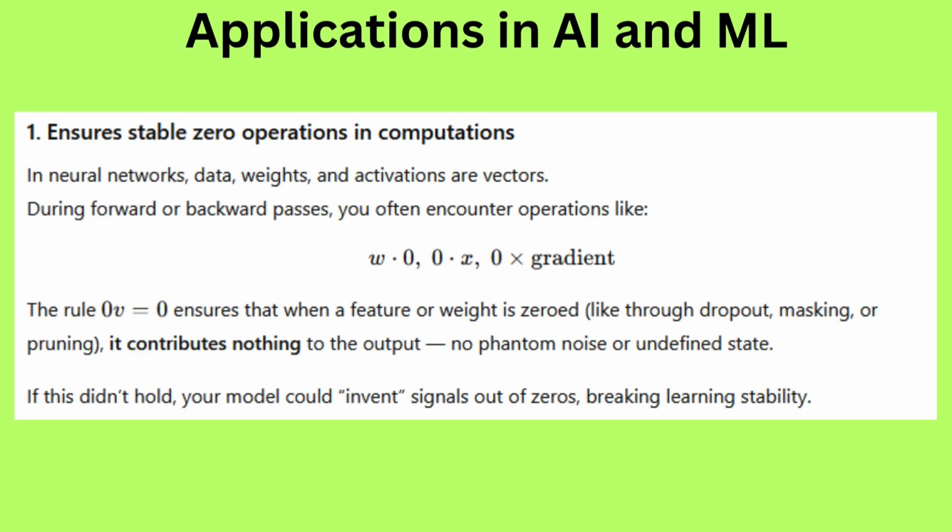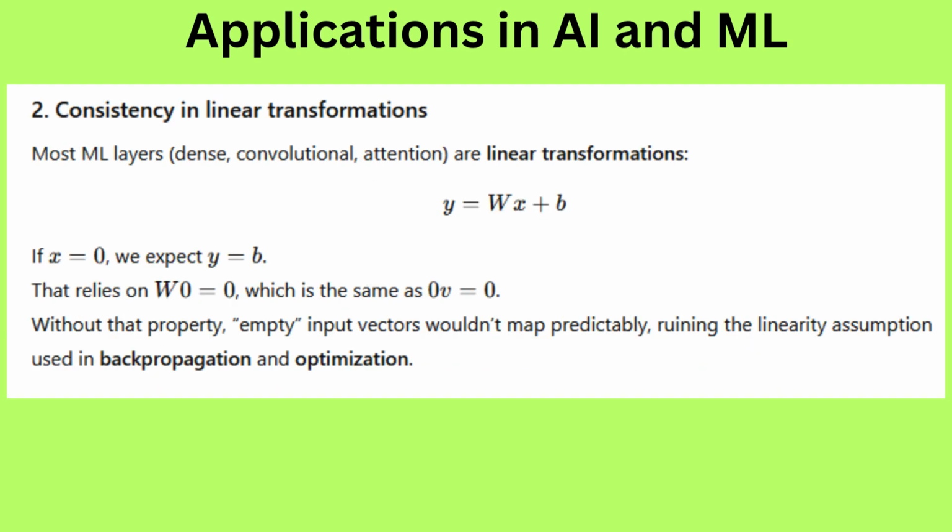Number two, there's a lot of consistency in linear transformations. Most machine learning layers, such as dense, convolutional, and attention, are linear transformations. So y equals Wx plus b. If x is 0, we expect y to be equal to b.